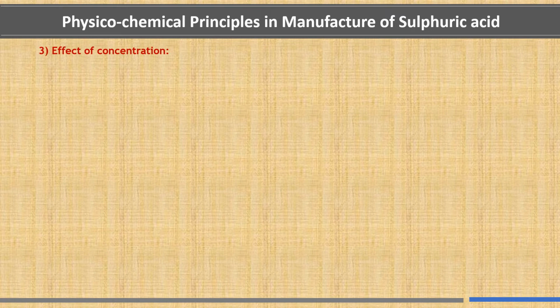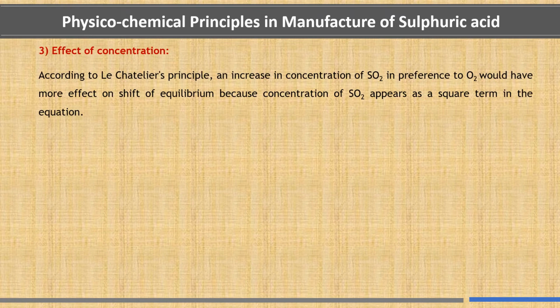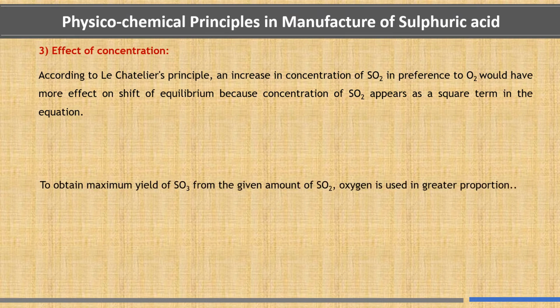Effect of concentration. According to Le Chatelier's principle, an increase in the concentration of SO2 in preference to O2 would have more effect on the shift of equilibrium, because the concentration of SO2 appears as a square term in the equation. To obtain maximum yield of SO3 from the given amount of SO2, oxygen is used in greater proportion.